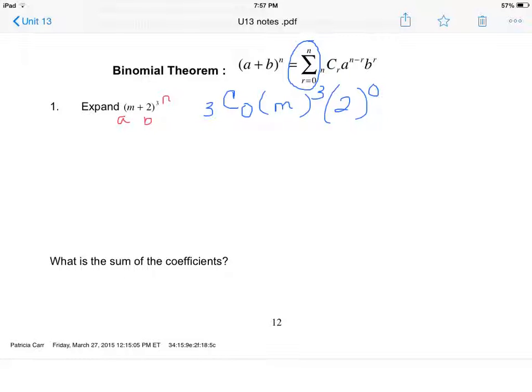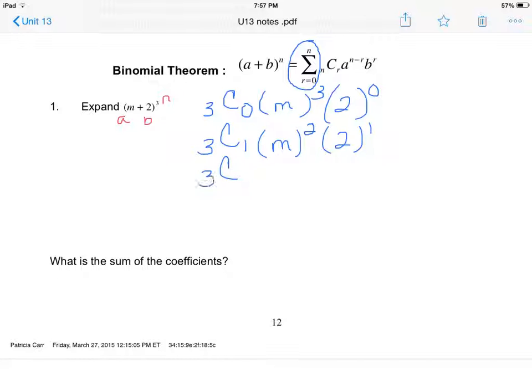Okay? So then we've got to do a combination of 3, 1, m raised to the second, 2 raised to the first, following the rule.